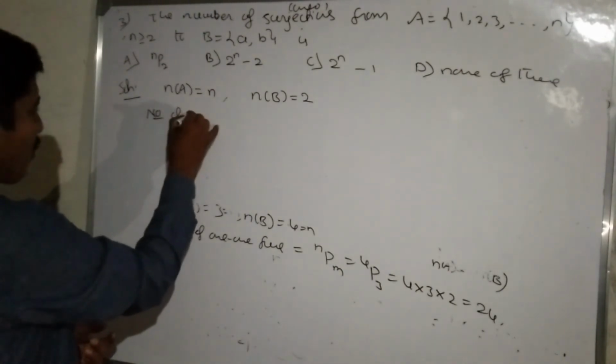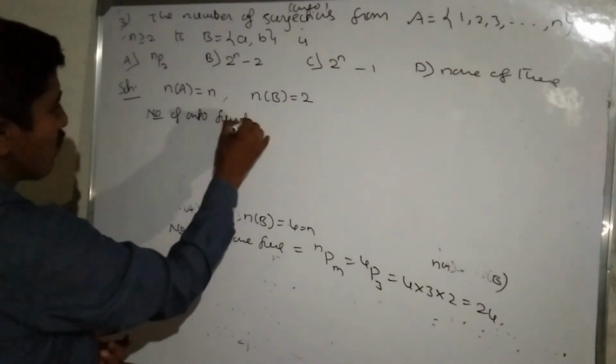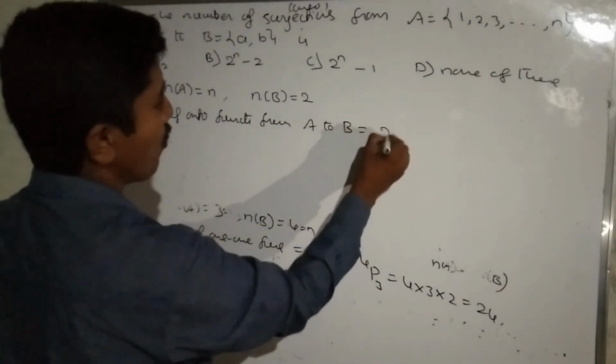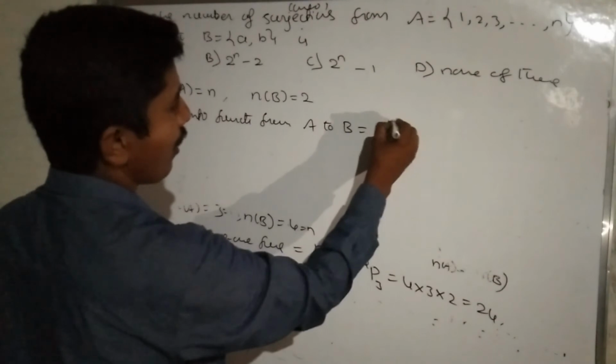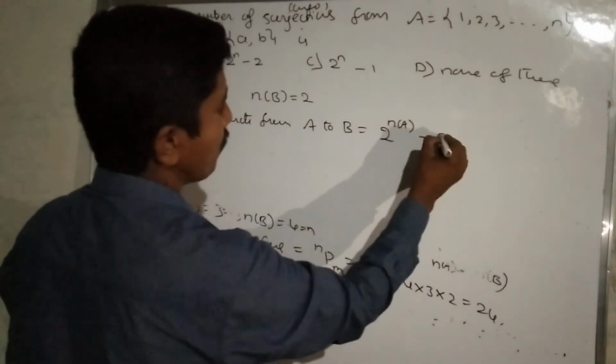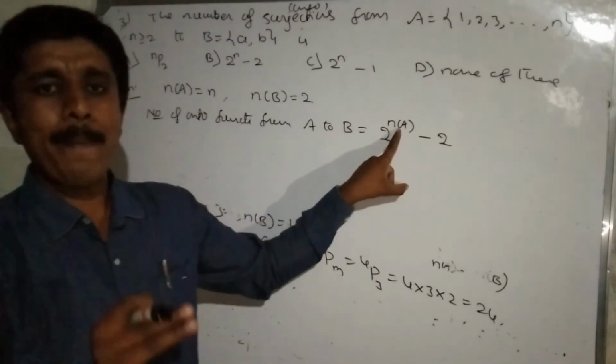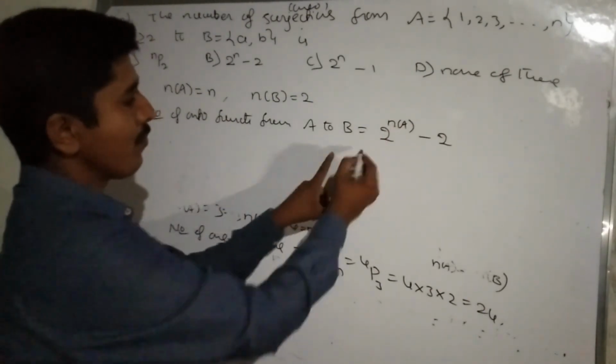Number of onto functions from set A to set B, we have the formula 2 power n(A) minus 2. Here n(A) means the number of elements of the domain.